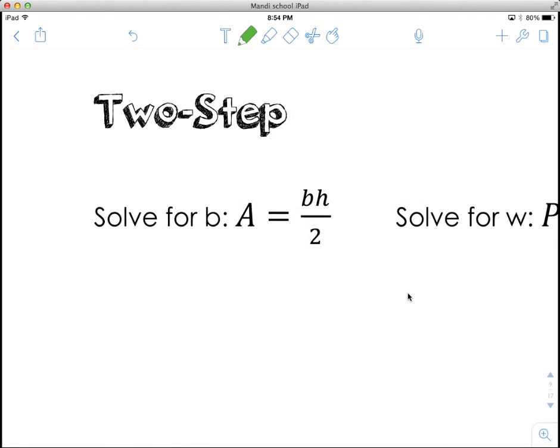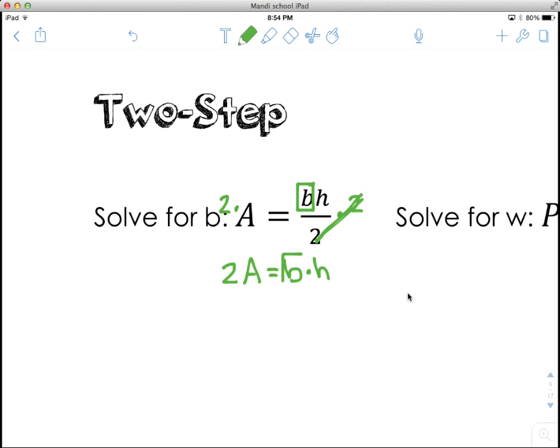This one says solve for b. So here's b. Now remember, we have to get rid of this division sign because we can't do anything with the b times h because right now it's divided by 2. So to get rid of divided by 2, we multiply by 2. 2 over 2 becomes 1. So 2a equals b times h.